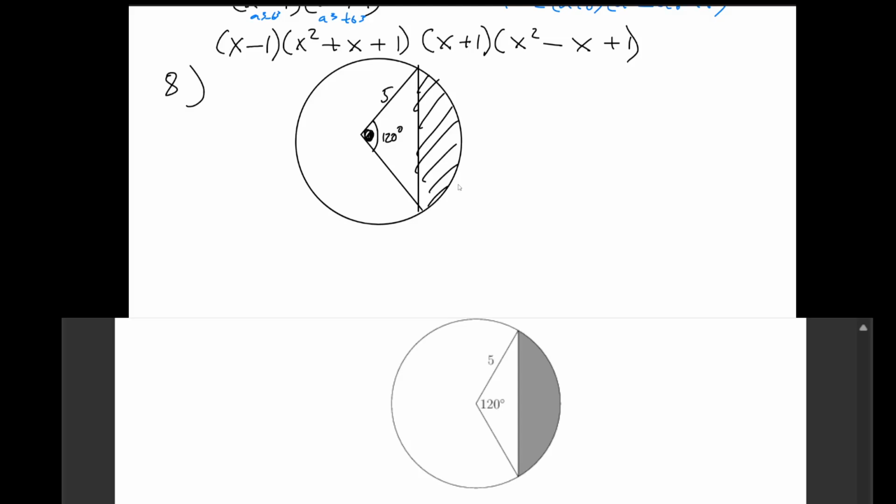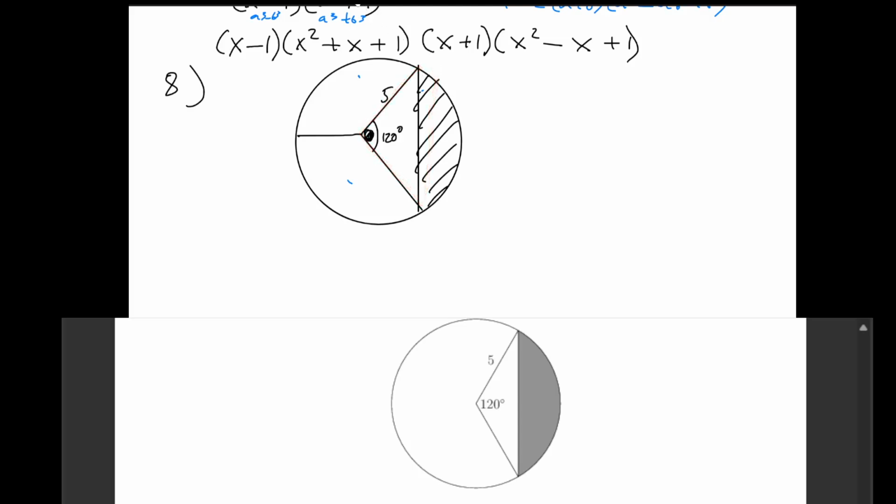So what we need to think about here is that this is one of 3 sectors of the circle. We can divide this into 2 other sectors by drawing this line here. So then we'll have one sector here, one sector here, and one sector here. Since it gives us 120 degrees, we can find the area of this entire sector, then subtract the area of this entire triangle.